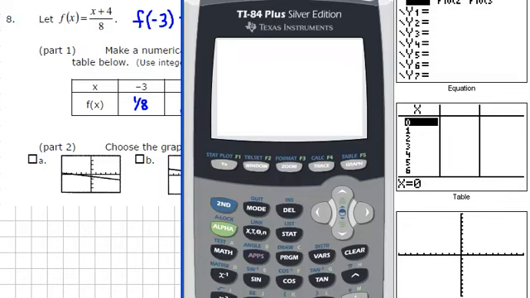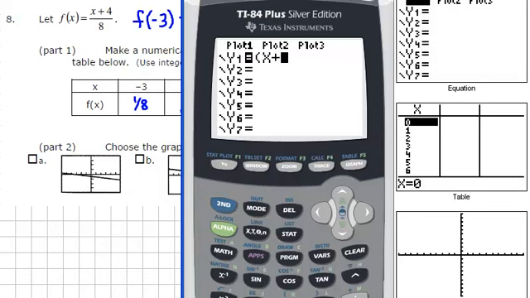The way that you do that is to go to y equals and enter the formula (x plus 4) divided by 8. Now notice that because there are two terms in the numerator, it's very important to put the numerator in parentheses as you're entering the expression into the calculator. So the quantity x plus 4 divided by 8 goes into y equals. Remember that y is the same as f of x.